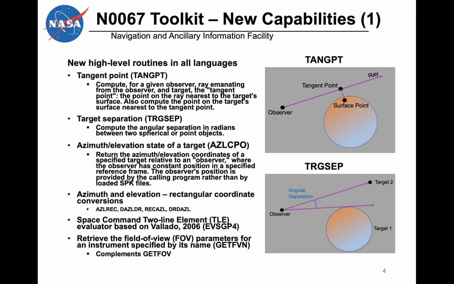You can see a sketch on the right-hand side of the slide. This is very useful, for example, for occultation observations for instruments such as ExoMars 2016's NOMAD, or IUVS in MAVEN. Also, for example, occultation observations by Diviner in LRO, and so on and so forth.